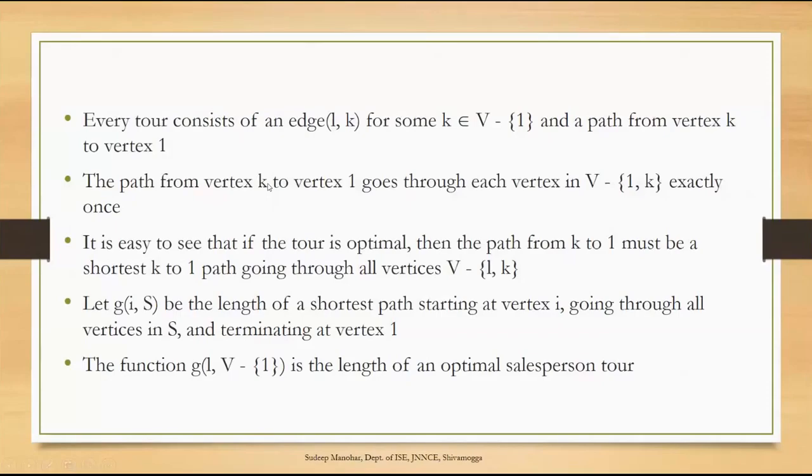Now the second point: the path from vertex k to vertex 1. The path from vertex k, whatever example I gave just now, back to vertex 1 goes through each vertex in V minus {1, k} exactly once.